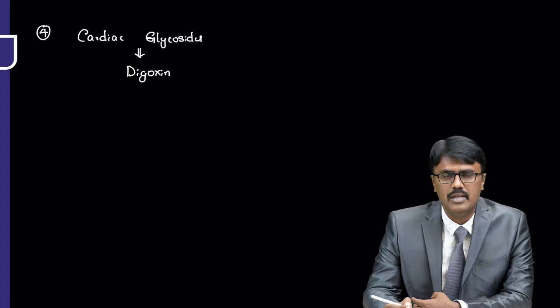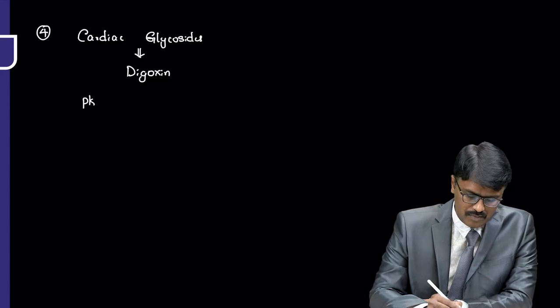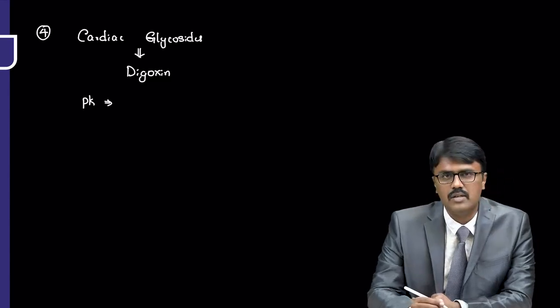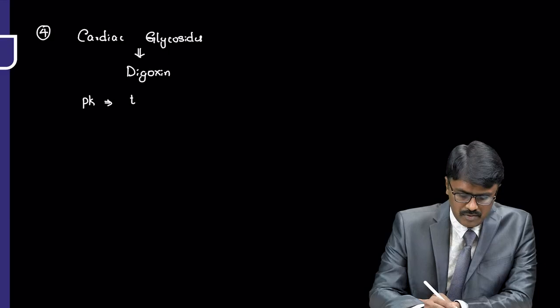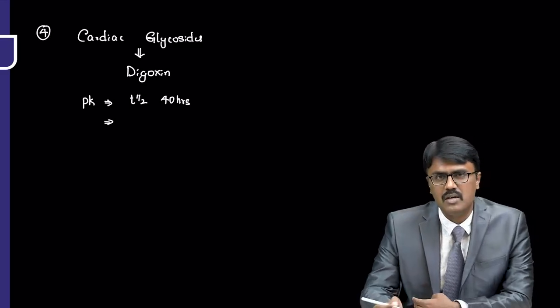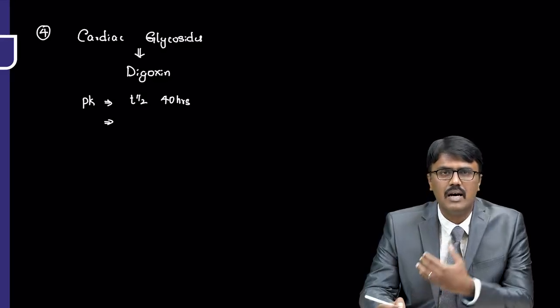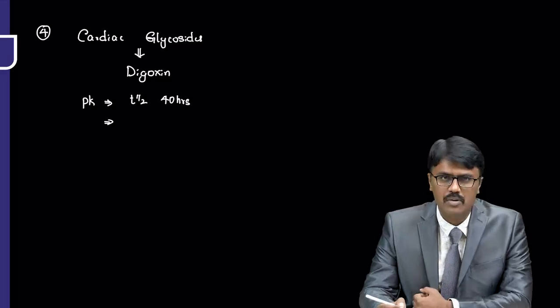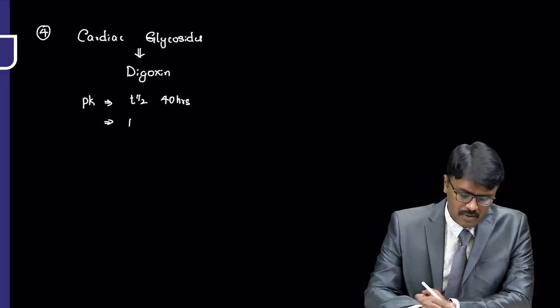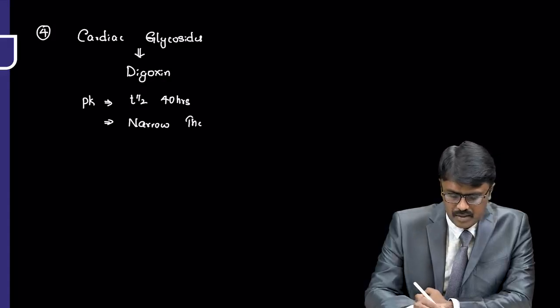Now when I talk about digoxin, let us understand the pharmacokinetics of digoxin. Digoxin has a half-life of 40 hours. Now suppose you want to use digoxin in an emergency, you want to achieve a target level. Before I go to that concept, the drug follows a narrow therapeutic index.